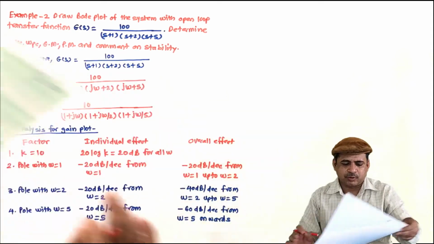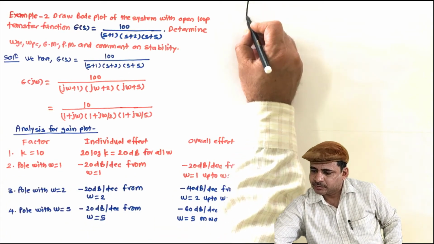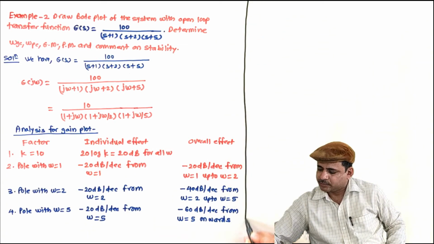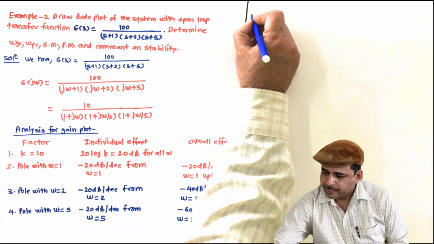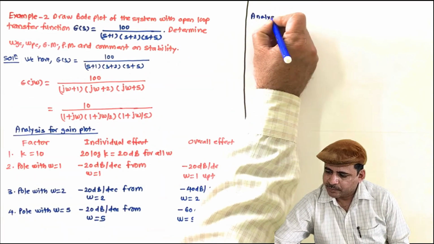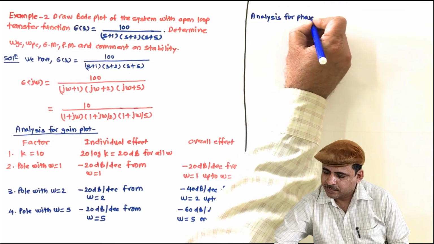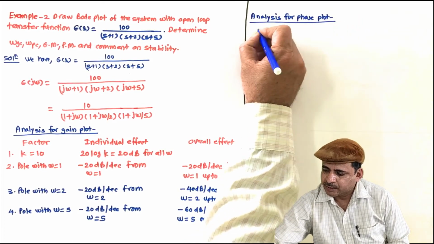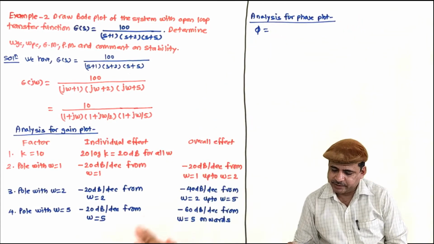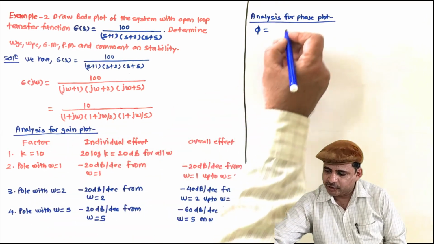Next will be the analysis for the phase plot. The equation for phase can be obtained from this. All are poles, they are in the denominator.